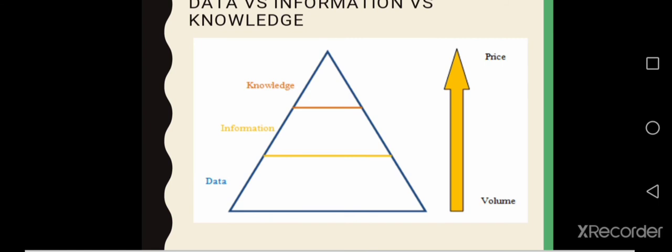As we process the data, it lessens: information, and then knowledge. Knowledge is on top. If you've noticed, it has the least number, but knowledge has the highest value compared to data.